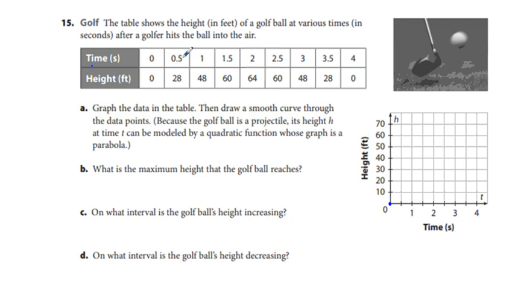Then at 0.5 seconds, which is right here, we are at 28 feet in height, so about right here. At 1 second, we have 48 feet, so here's 1, 48, just a little bit less than 50. Then at 1.5, we have 60 feet, so 60 feet will go right up here.